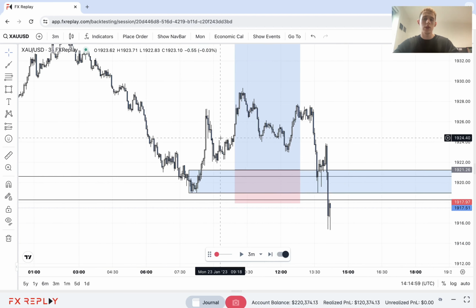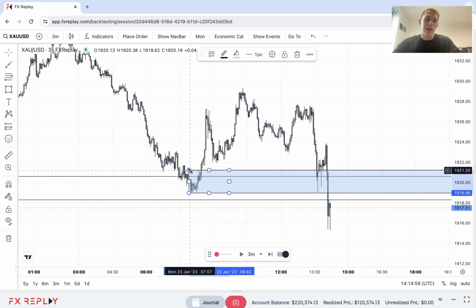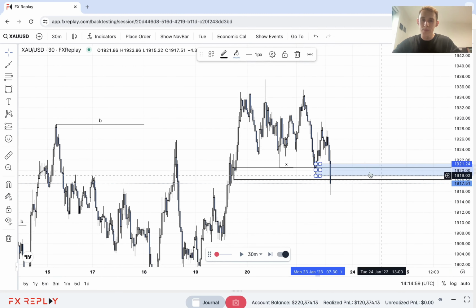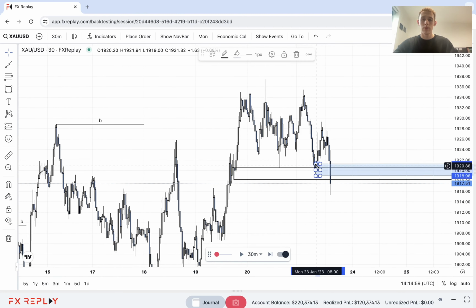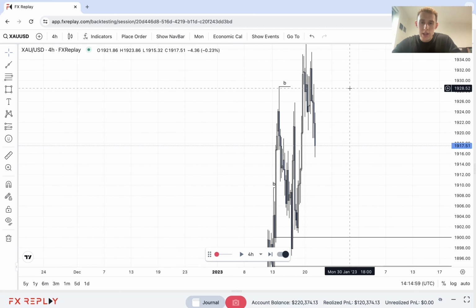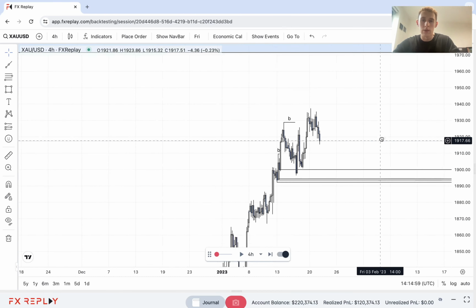Cool, so stop loss on that one. Like I said, I knew that was a lower probability setup anyway. Okay, so let's see what price wants to do now.